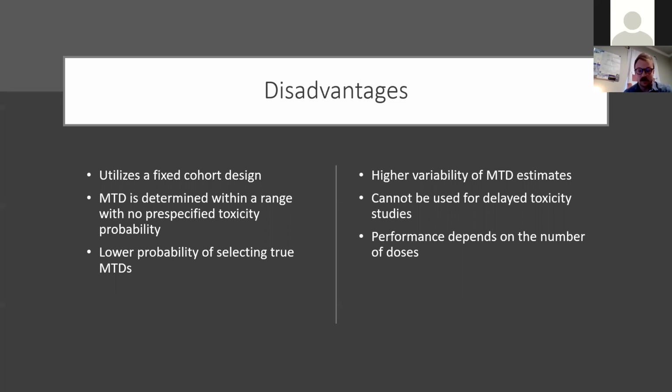There's also a higher variability in the MTD estimates because we're only utilizing data at the current dose to choose the next dose, which can cause uncertainty around the estimated DLT risks at each dose. Other issues are we can't use the 3+3 for delayed toxicity studies, which often occur. And the performance is very dependent on the number of doses that we decide to use initially.